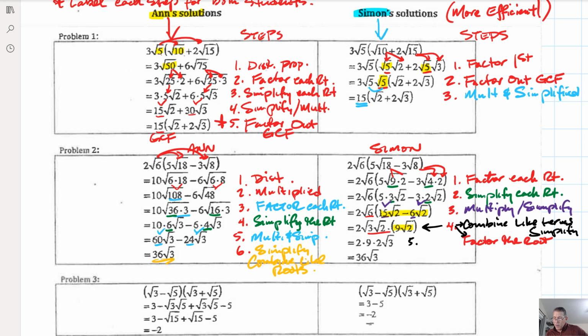He rearranged things. Look at this. He multiplied the like roots. Root 2 times root 2 is 2. And then he brought the 9 in front and just rearranged terms. So in step 5, he multiplied like roots and rearranged terms.